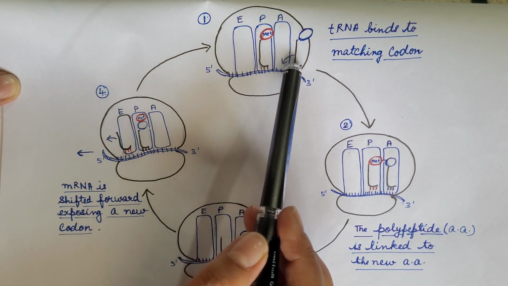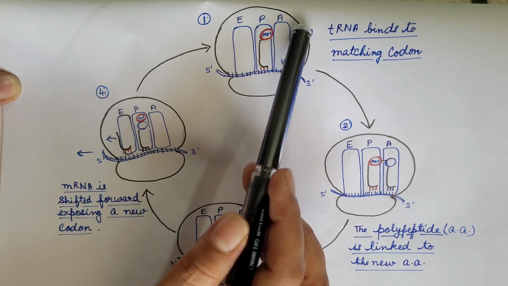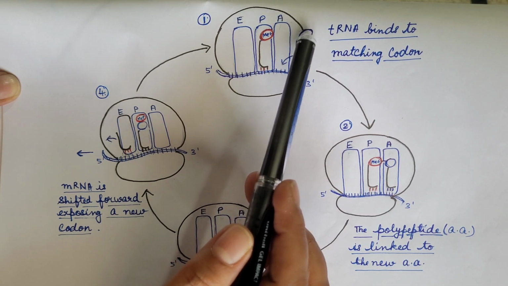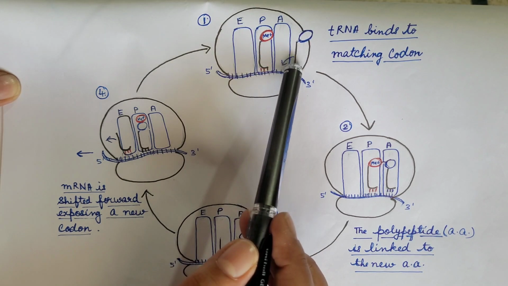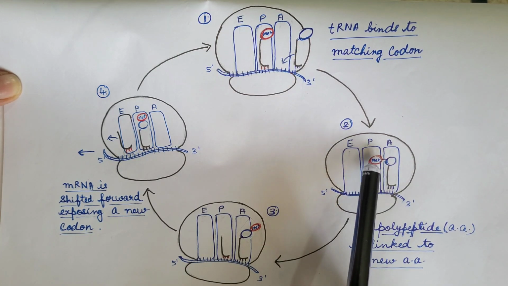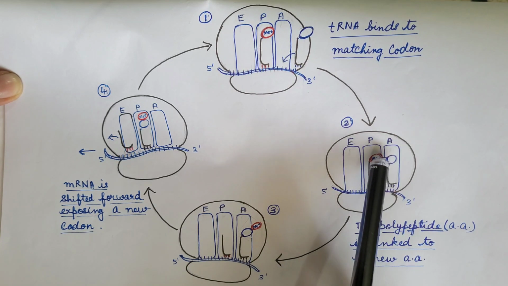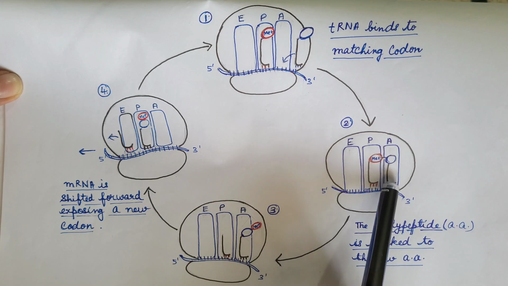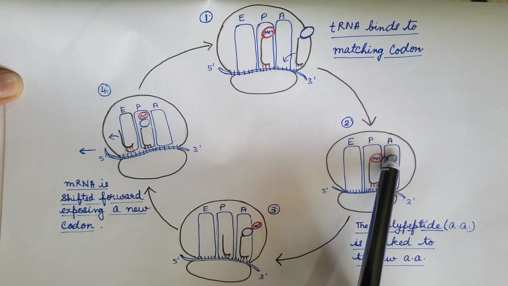Then to this newly exposed codon, transfer RNA carrying the amino acid which matches with this codon comes and binds. The two transfer RNA are very close to each other, hence peptide bond is formed between the amino acids which is carried by these transfer RNA, and this is energetically favored.